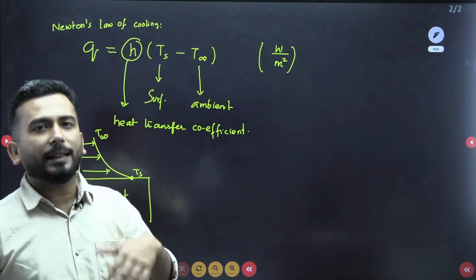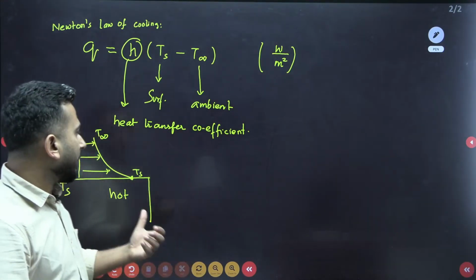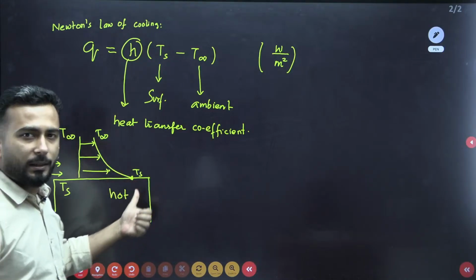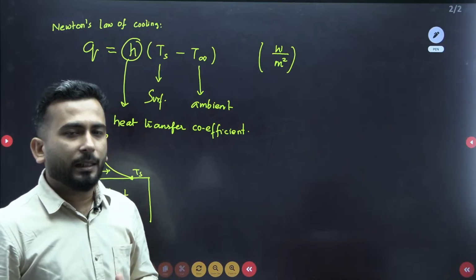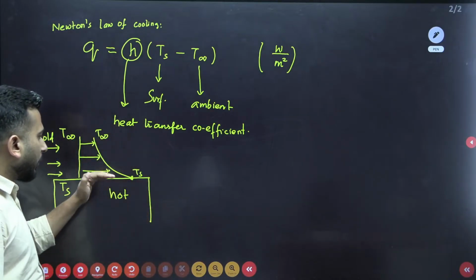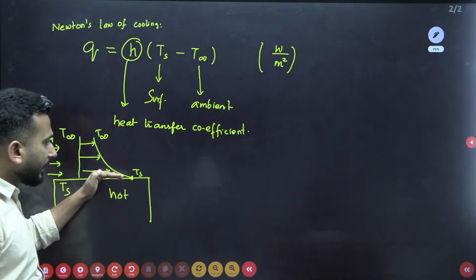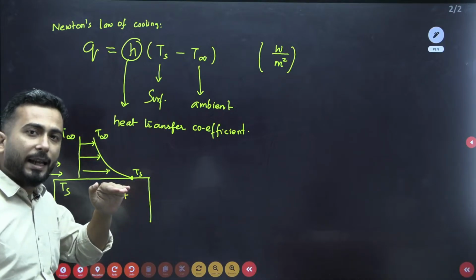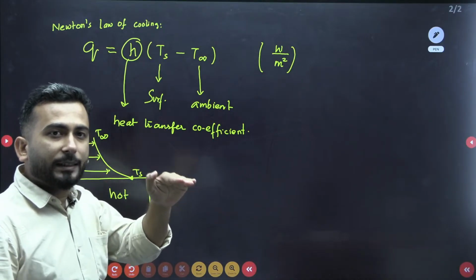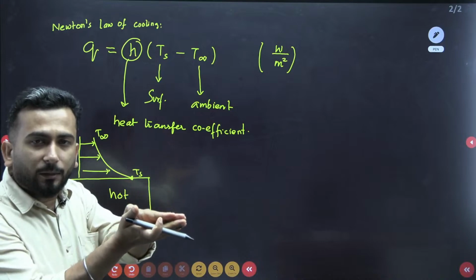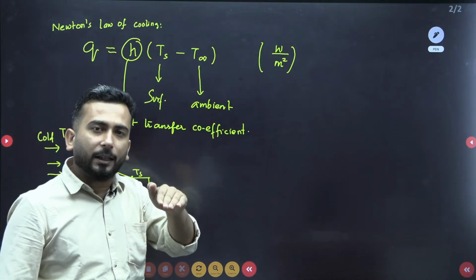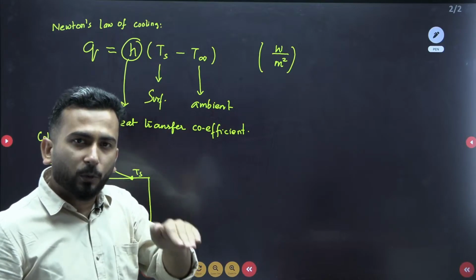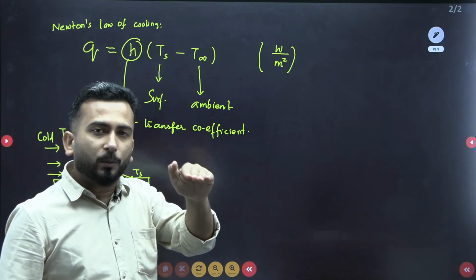Something similar takes place in the case of temperature, and there is a development of the thermal boundary layer. We will talk about that, but as of now you know that the layer adjacent to the surface will stick with the surface and come to rest; it is not moving.